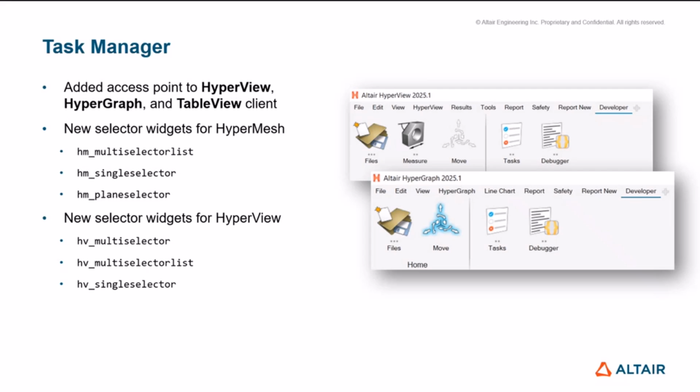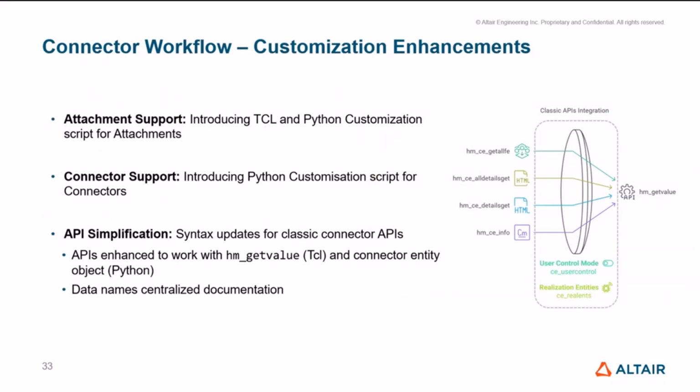And the second news we wanted to share is from the connectors team, with a big shout out for introducing these features, namely the support of TCL and Python customization for attachments, the ability to create and define a Python custom script on top of connectors, and also many updates with respect to the previous infrastructure.